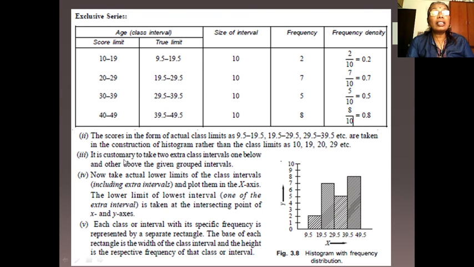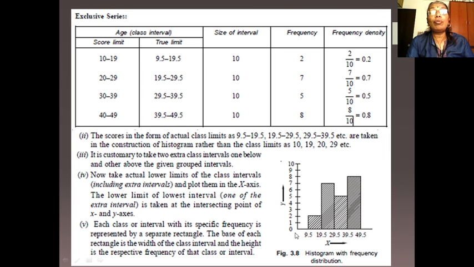Then it is customary to take two extra class intervals, one below and the other above the given grouped intervals. Now take the actual lower limits of the class intervals, including the extra intervals, and plot them on the x-axis.